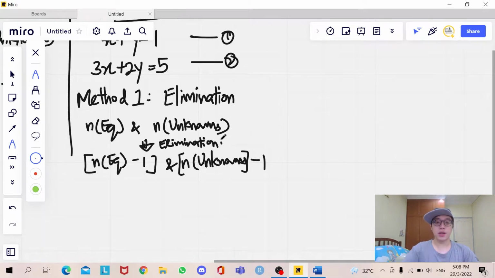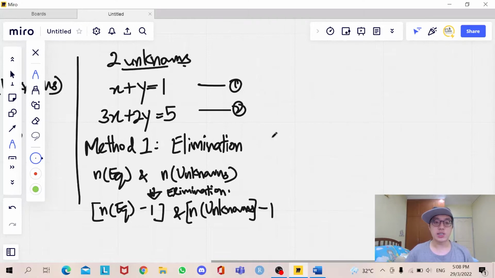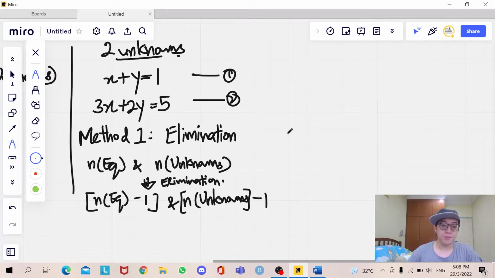What does it mean? From two equations and two unknowns, by the elimination method, we're going to reduce it to one unknown and one equation. From here, you can choose to eliminate x or y.